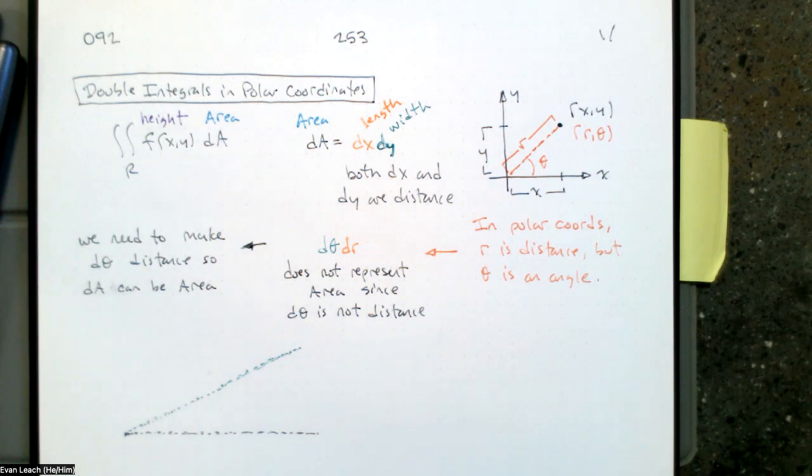So here's some polar coordinate graph paper. I know the green line is a little bit wonky, but what we want to do is break the region up into small rectangles. Although we're not going to have rectangles because we're using polar coordinates, they're going to be a little bit bent.